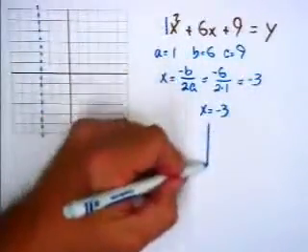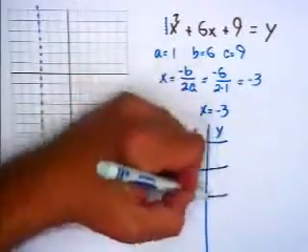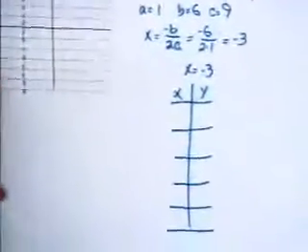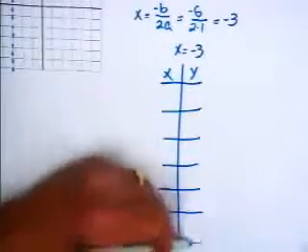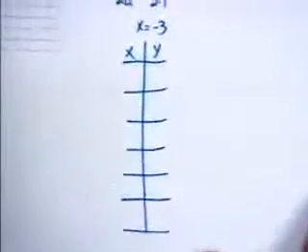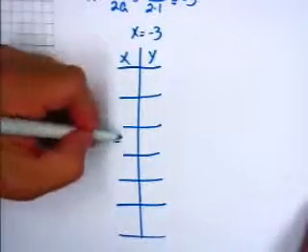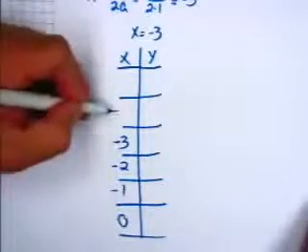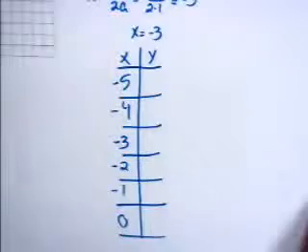Now we need to find some more points. 6 points. We're going to start with negative 3, negative 2, negative 1, 0, negative 4, negative 5.